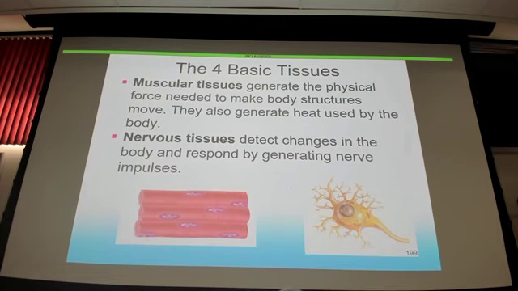And then muscular is going to be able to generate force and move bones, bodies around. It also can generate heat. And then nervous is what's going to do interacting with our environment internally and externally, and send signals or impulses either to the central nervous system to figure out what that is, or to cause a muscle to move or a gland to function.